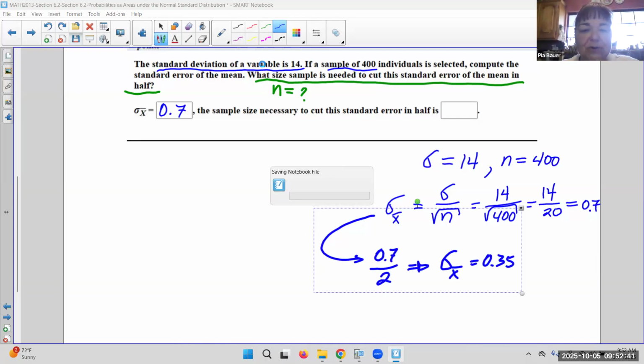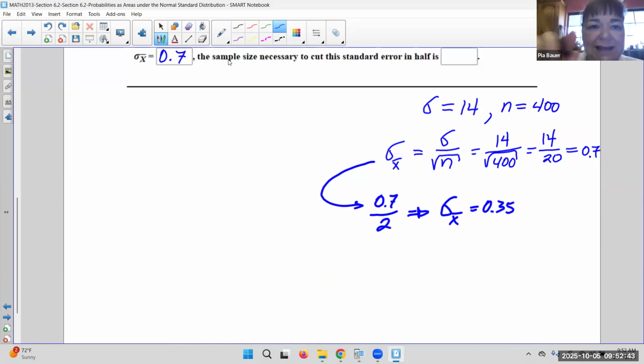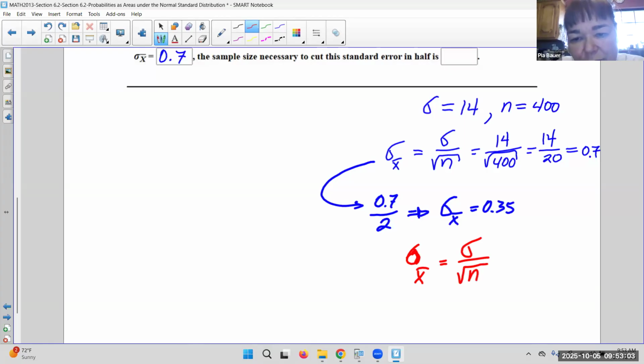So now we want to use this formula again. It looks really like a 6 there, and I don't mean to write it as a 6, but we use this formula again. This time we want this to be 0.35. The standard deviation hasn't changed. That was 14.